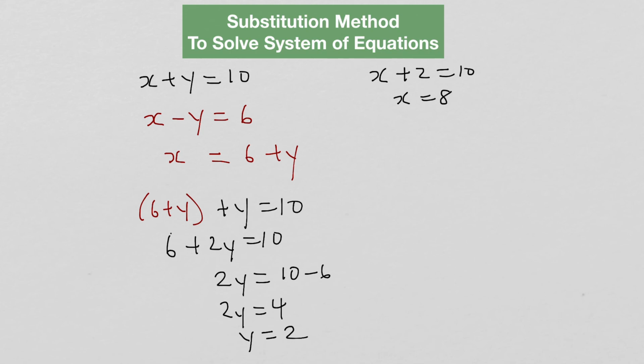Okay, so my solution now is 8, 2. So that is the coordinate or the ordered pair where both of these lines, this line and this line, intersect. Okay, another way to say it is this is the value of x and y that satisfies both of these equations.